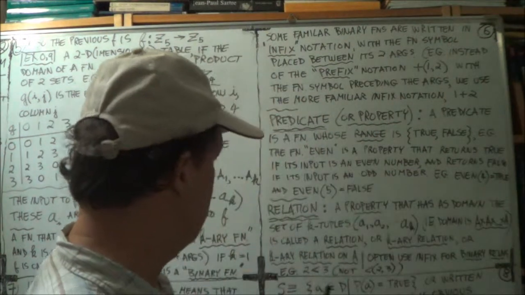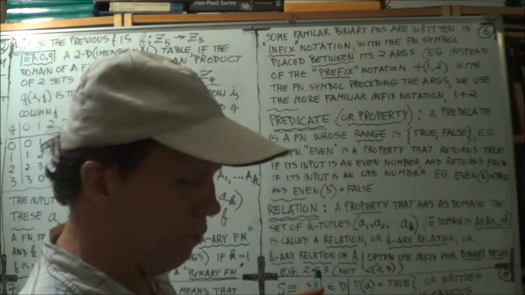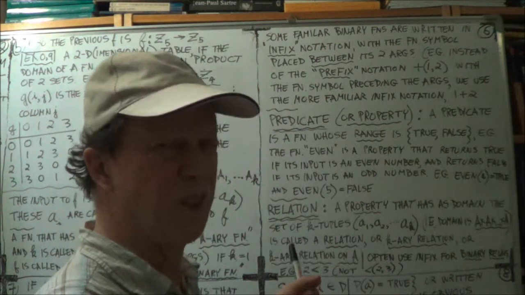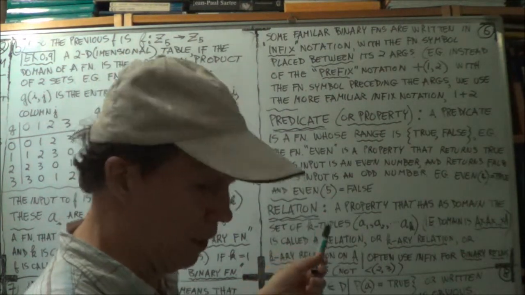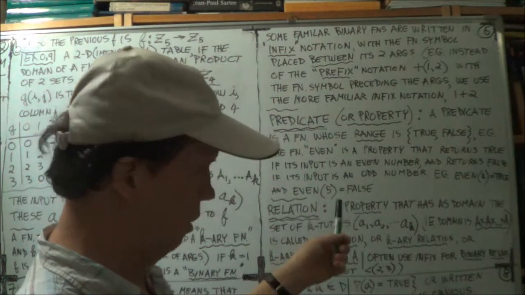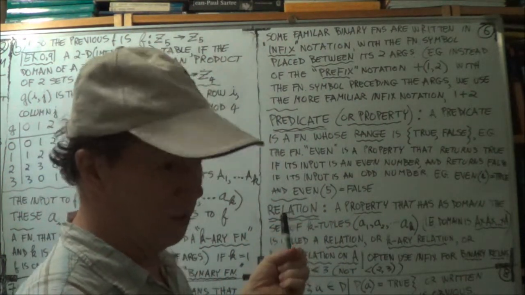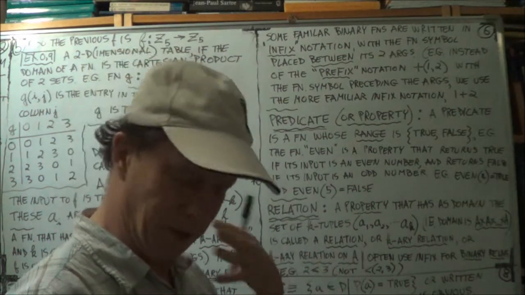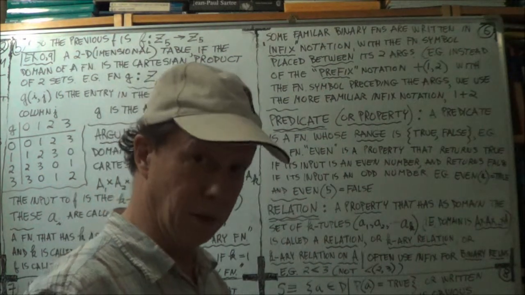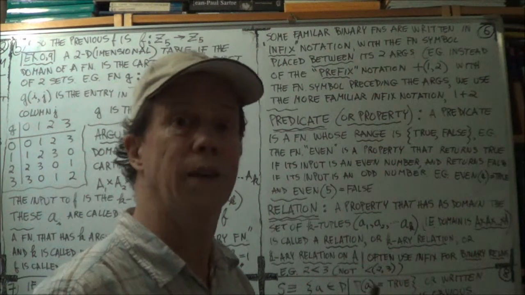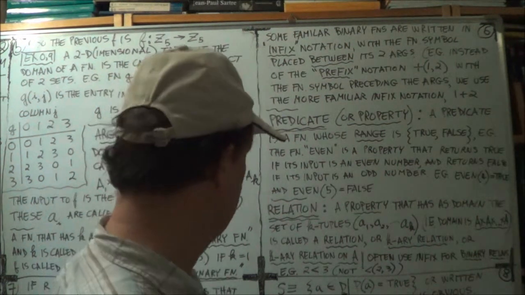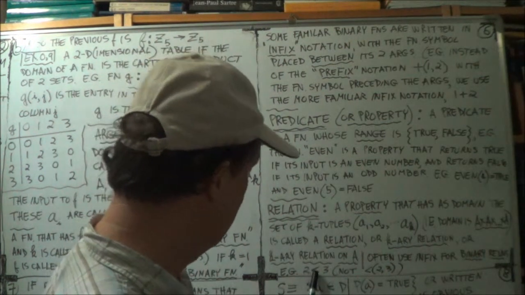You'll use the infix, because binary relations are so common. Mathematics tends to use infix notation because it's more familiar. It's closer to the way we speak. Like A is greater than B. Like for example, 2 is less than 3.